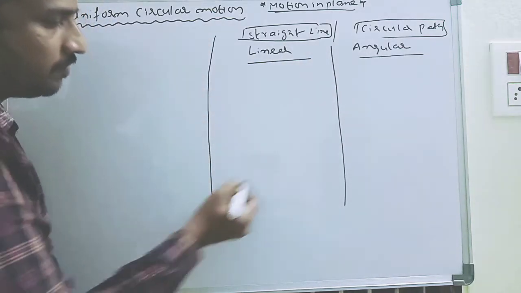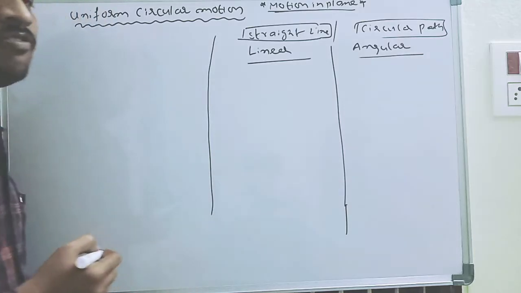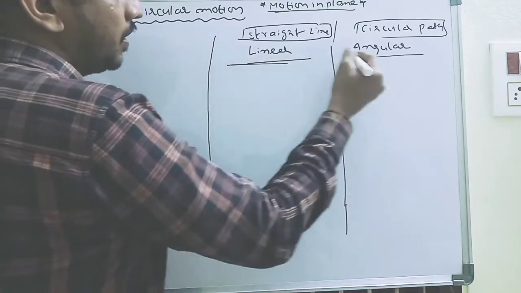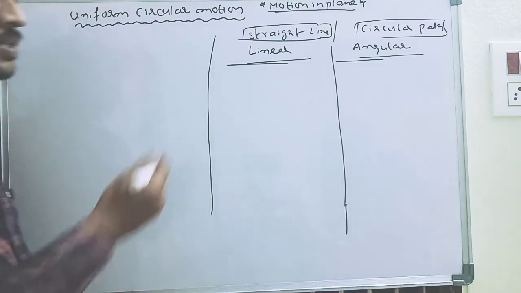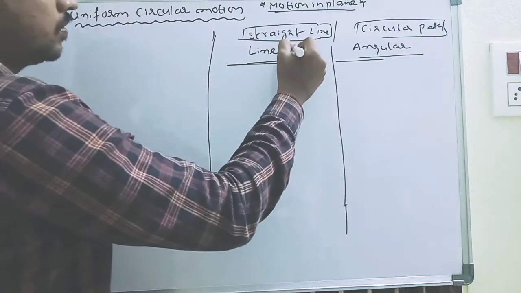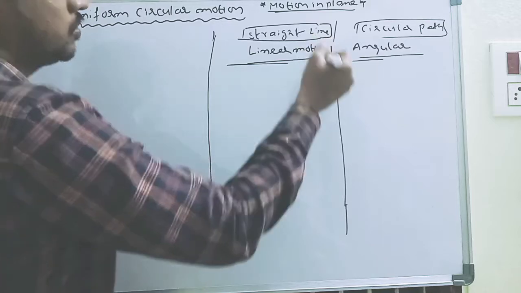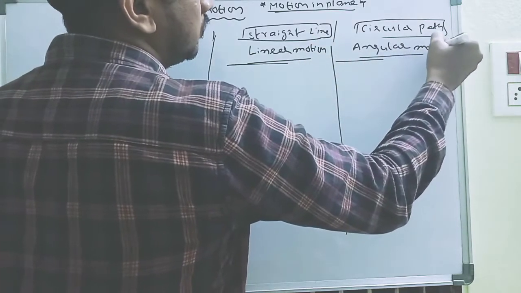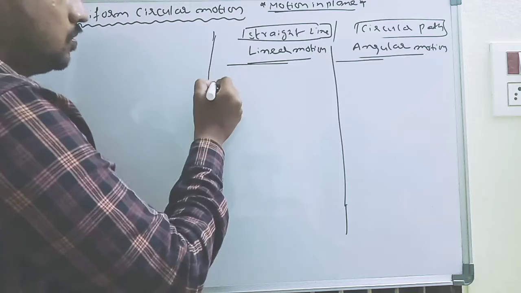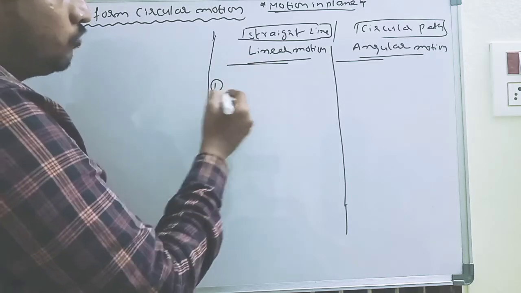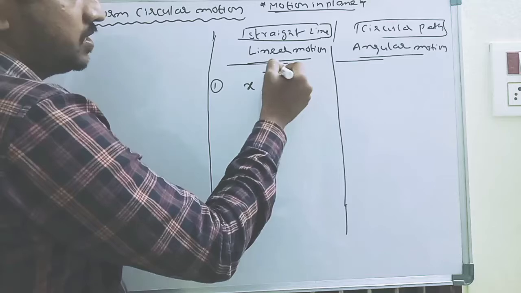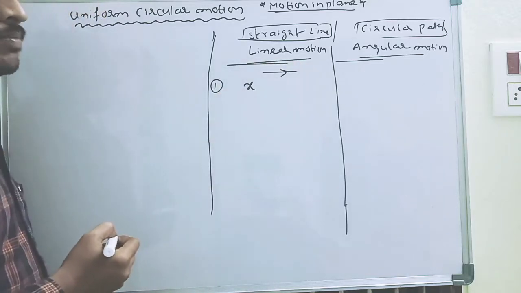How do we write the physical quantities in linear and angular? First we write linear motion, which is a straight line, and angular motion, which is a circular path, meaning circular motion. Here in linear motion we write x, the displacement of the body.